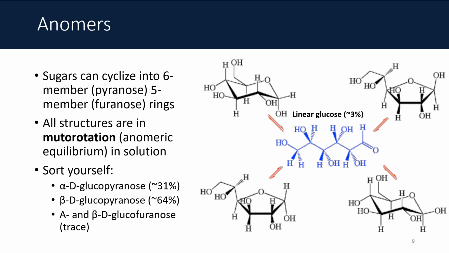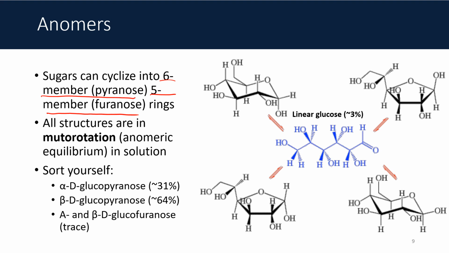So there's many dimensions of structural complexity here. And what's more is that sugars can cyclize in more than one way. Most commonly, they can link up like the Ouroboros into 5-membered rings, which we call furanoses, or 6-membered rings, which we call pyranoses.